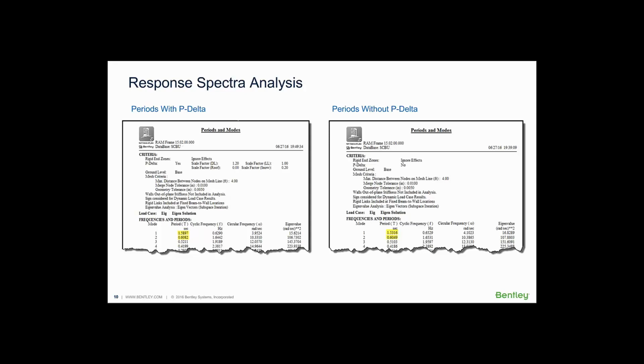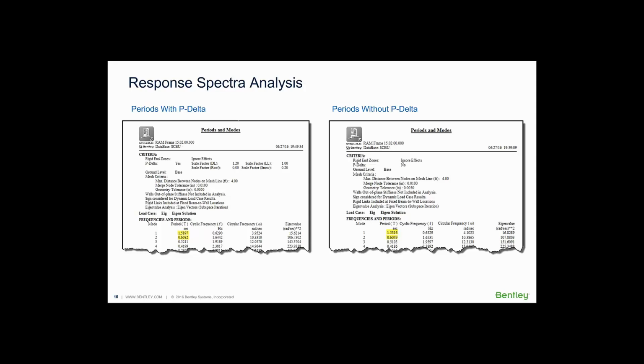But if I include P delta and get my periods, then you can see there on the left that my primary period is 1.5897 seconds. If I fail to do P delta and calculate my periods, I actually have a shorter period of 1.5316.